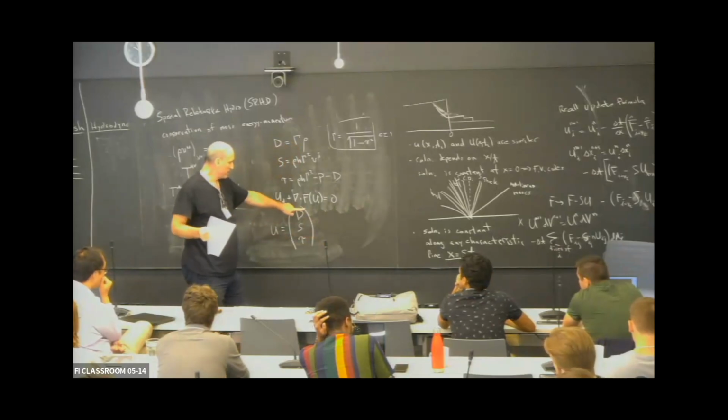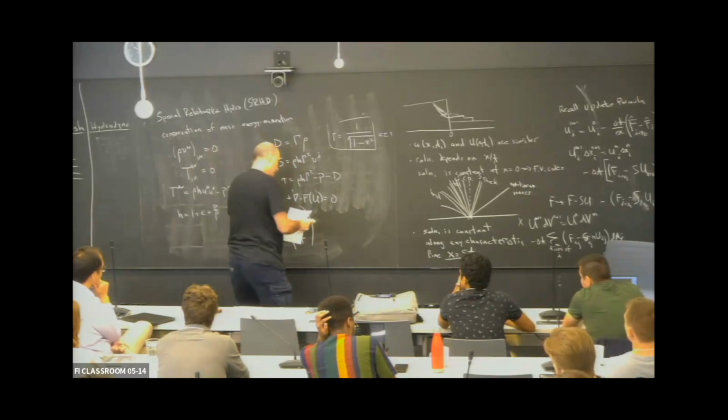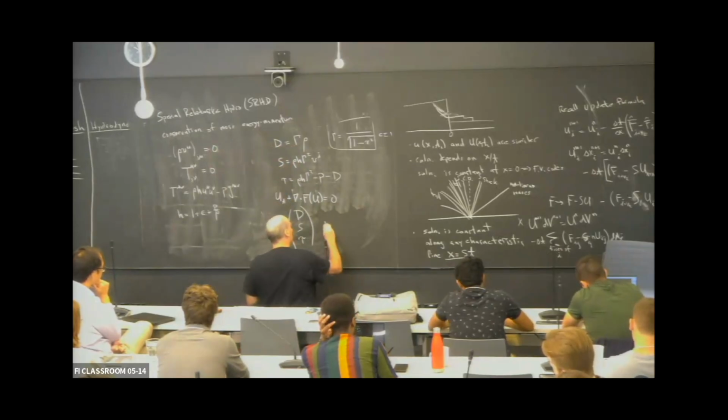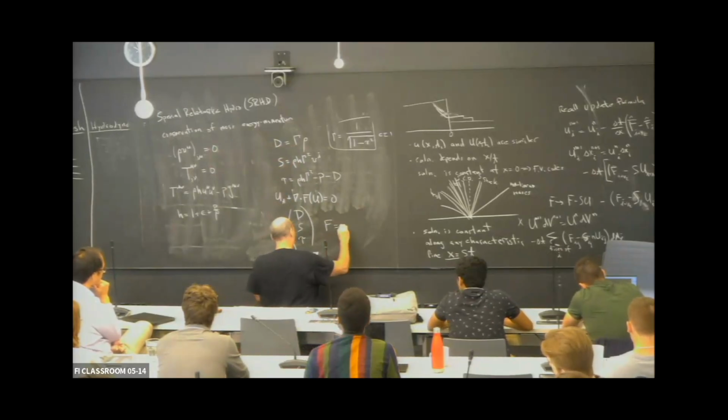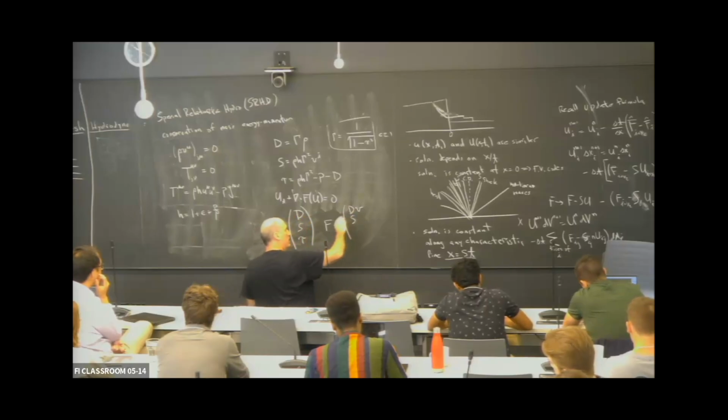The fluxes are always a density times a velocity. So now the flux of mass is just D times v, and that's just an advective flux. That's the density D moving at velocity v, that's a flux.